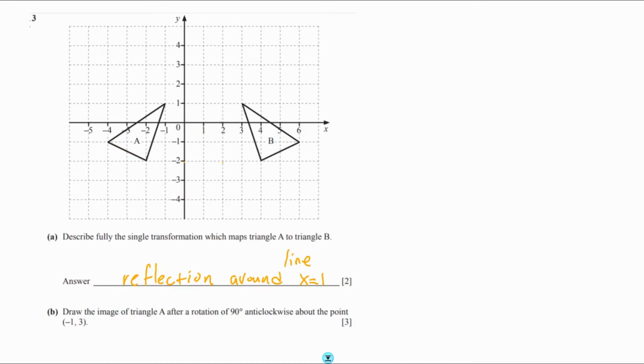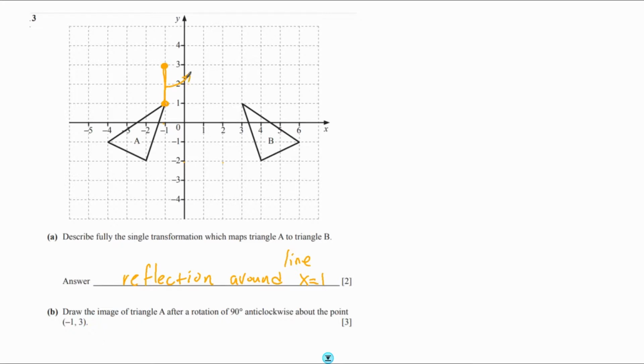First of all, we need to find where the point (-1, 3) is. -1 is x, and 3 is y. So this would be the point (-1, 3). We want the image of triangle A after a rotation of 90 degrees anti-clockwise. So if we look at this point, we need to connect it to the point that we are rotating around, and then do a 90-degree anti-clockwise rotation.